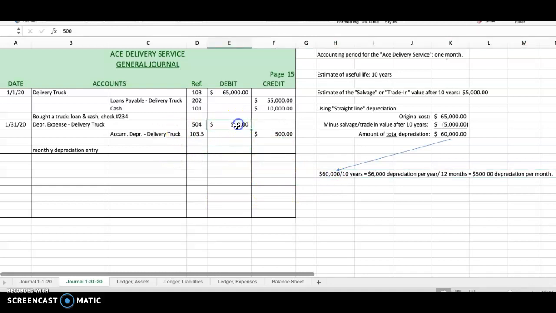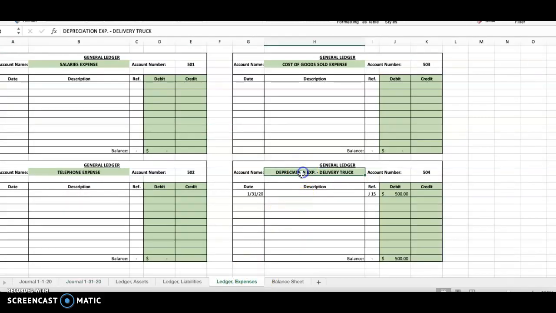Now when we post this, let's first of all post the expense. We go to depreciation expense for delivery truck, and it will be dated January 31 because that's the end of the accounting period. Expenses are always debited, 500. This will be closed and we'll have a zero balance, just like all expenses.